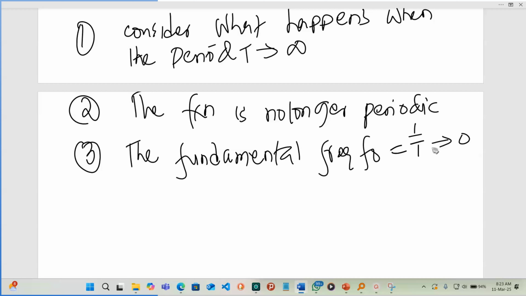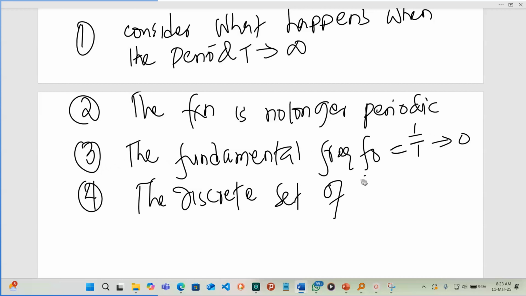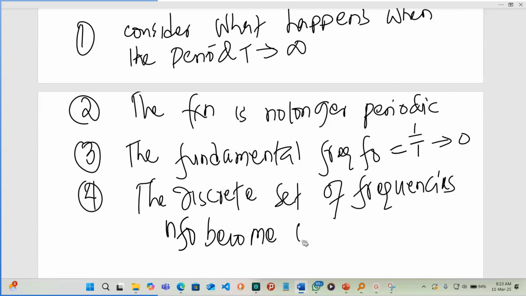Now, if T tends to infinity, the discrete set of frequencies, that is the discrete set of multiples of f naught, will no longer be discrete, but will become continuous.